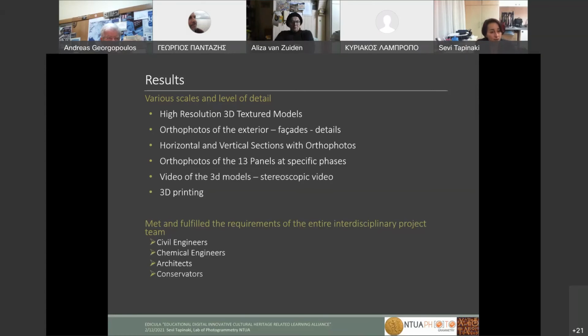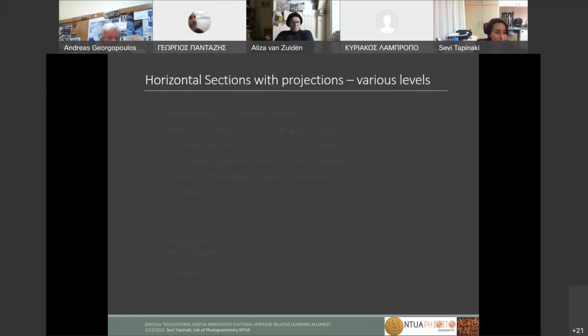All these results met and fulfilled the requirements of the entire interdisciplinary project team during all phases. Now we can see some examples.